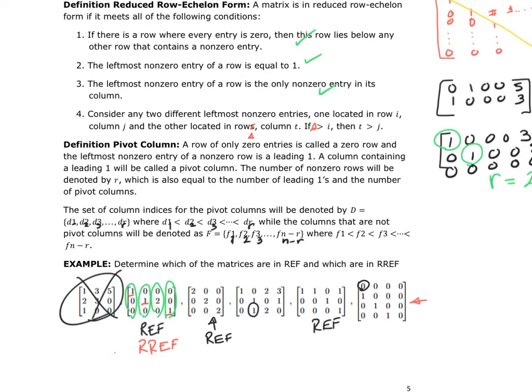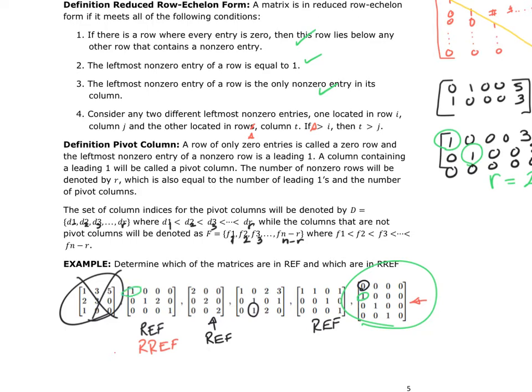The last thing that has to hold true for reduced row echelon form is that the 1s have to be descending. I can't have the one that I did here. This one is not in reduced row echelon because this 1 is not in the 1, 1 position.